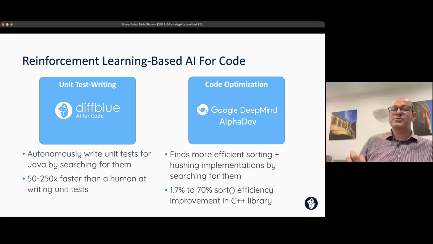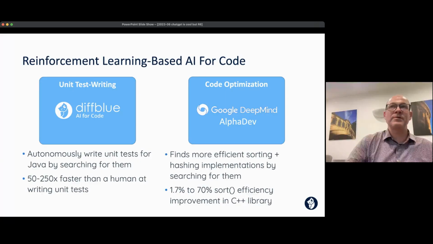Code optimization, what is happening is that AlphaDev is finding more efficient implementations of existing algorithms, and really important algorithms like sort. What they did for the sort function in the C++ library is they got between 1.7 and 70% efficiency improvement, which is pretty useful given how often the sort function is called.